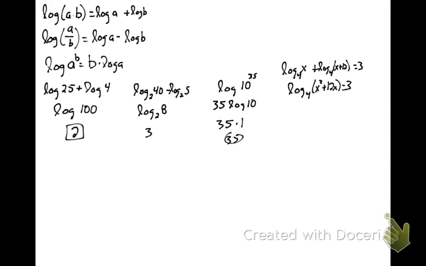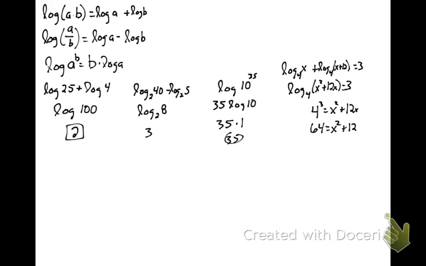I need to solve this for x, and one thing I can do is convert this to exponential form. This is the same thing as 4 cubed equals x squared plus 12x, which is great. 4 cubed is 64.